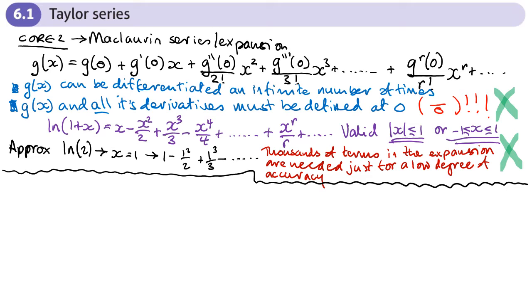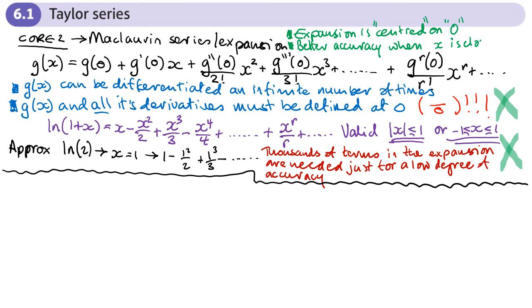The expansion is centered on 0, I'll put quotes around the word centered, and the other thing is that we get better accuracy with a smaller number of terms when x is close or closer to 0.